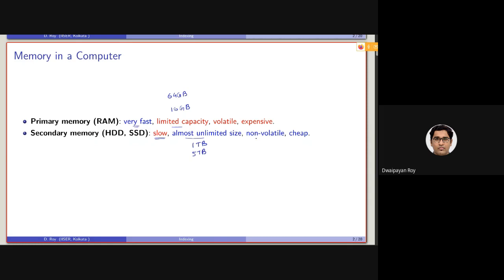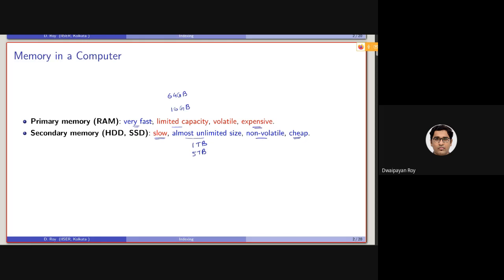They are non-volatile. That means if we store something in the secondary memory, it will remain almost forever, until and unless the hard disk breaks up, maybe from some hardware failure. And it is also cheap in comparison to the price of a random access memory or RAM.